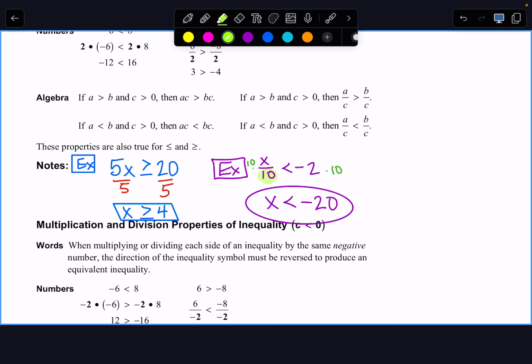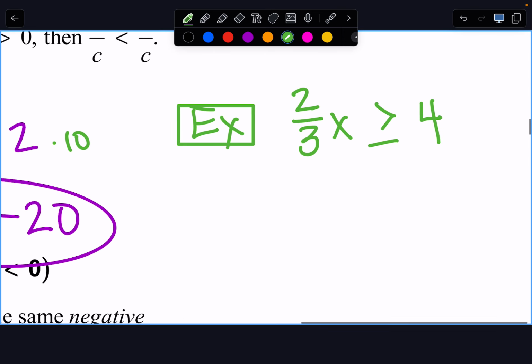That is a question for tomorrow, my dear. Tomorrow we will talk about if that number is negative. Okay? One more problem, just because I'm worried about you remembering. 2/3 x is greater than or equal to 4. I just want to make sure we remember how to do this.